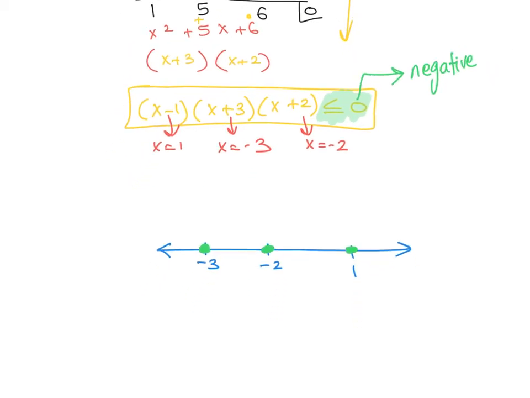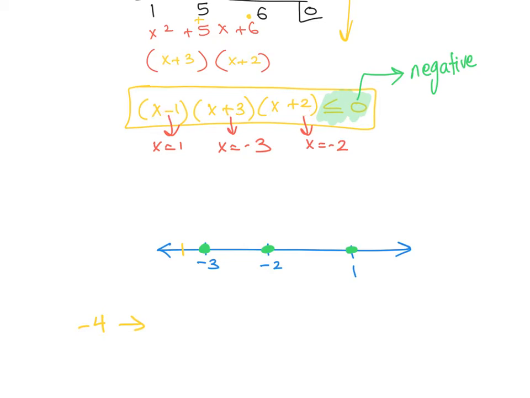The first thing I'm going to test is a number that's less than negative 3, which is negative 4, and I'm just going to plug it into all those factors. Again, I'm not interested in the number, I'm interested just in the sign of that polynomial. If it ends up being negative, then that means that I need that part of the number line. So plug in negative 4 in each one of them.